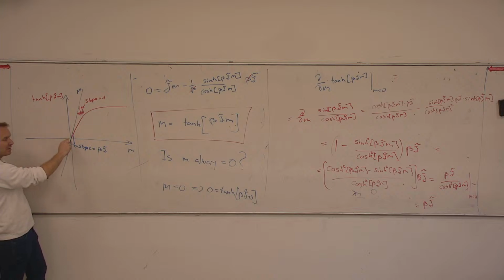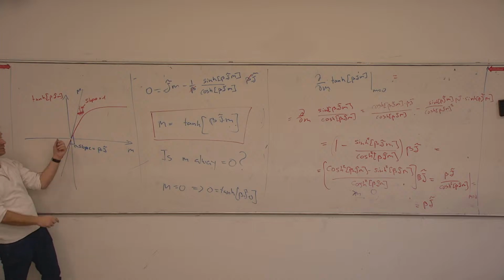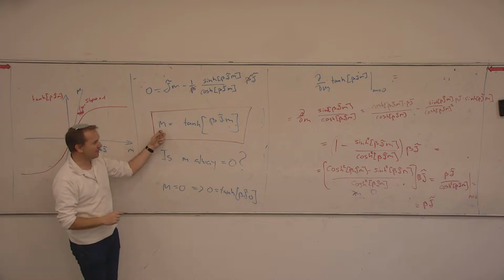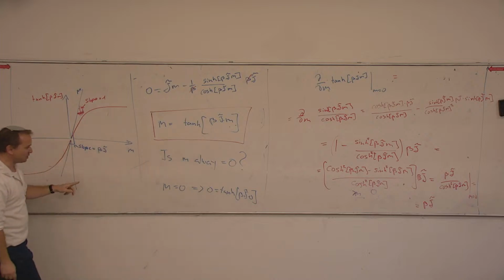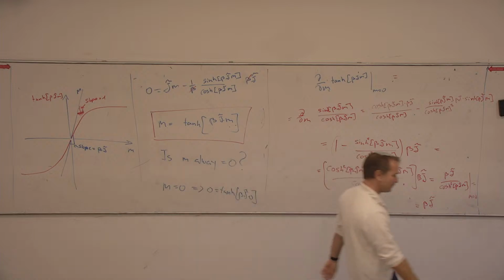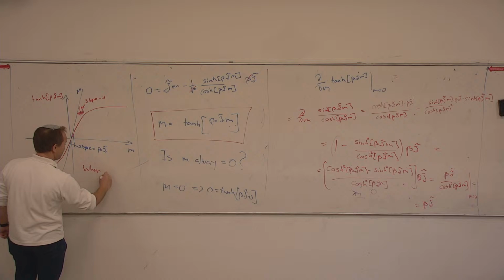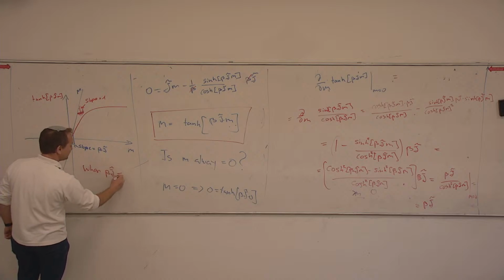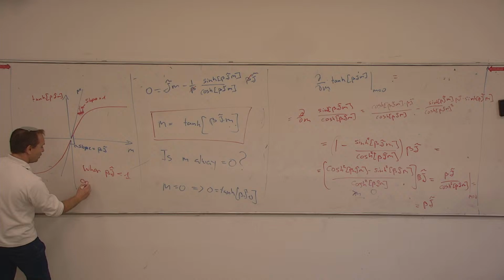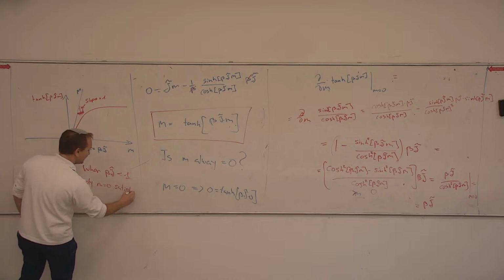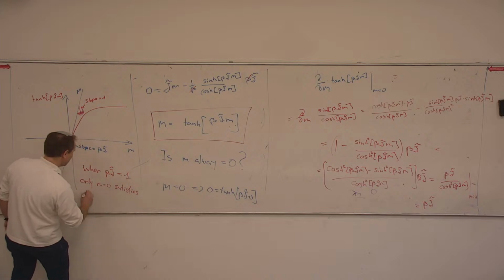So the moment the slope over here is less than 1, there is going to be only one single crossing point between m and the hyperbolic tangent. So what we know is that when beta j tilde is less than 1, only m equals 0 satisfies the equation.